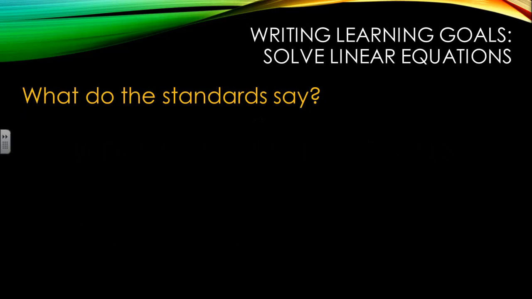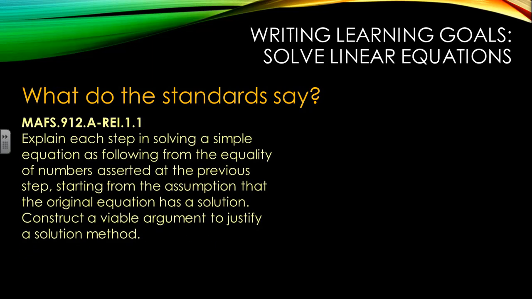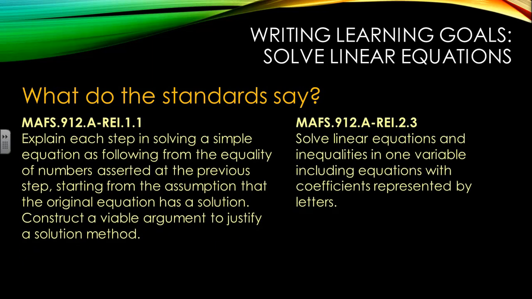Now let's talk about writing a learning goal from scratch. We're going to write a learning goal for an Algebra 1 lesson on solving linear equations. There are 2 standards that address the learning for the lesson, A-REI 1.1 and A-REI 2.3.